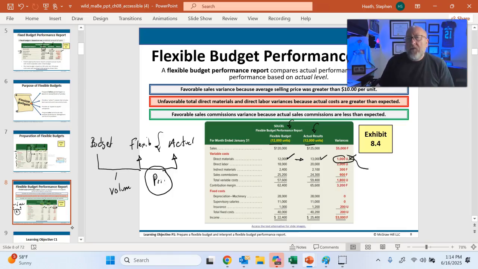The next level down is, are we talking about the price of the material, or the efficiency with which we used the material? It could be one of those two things. And so the next learning objectives are really going to be dedicated to these types of variances.